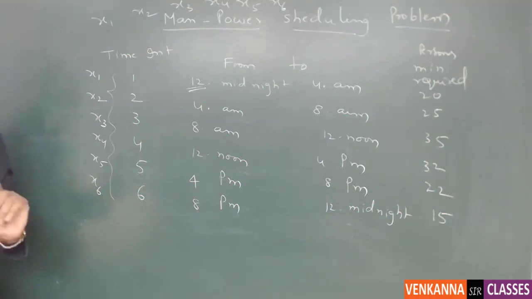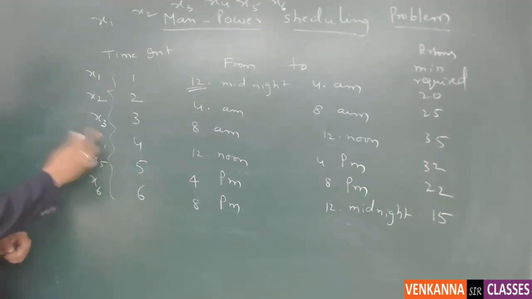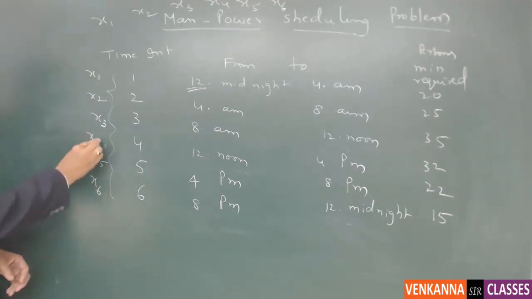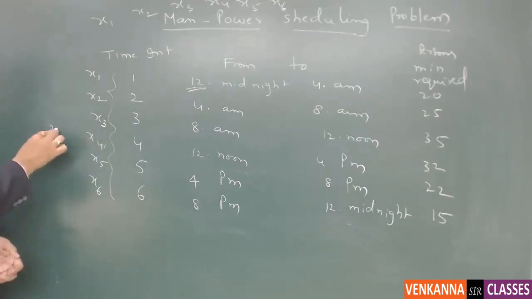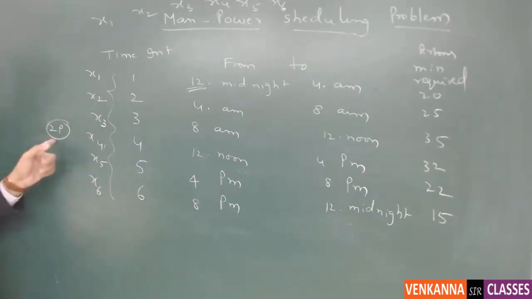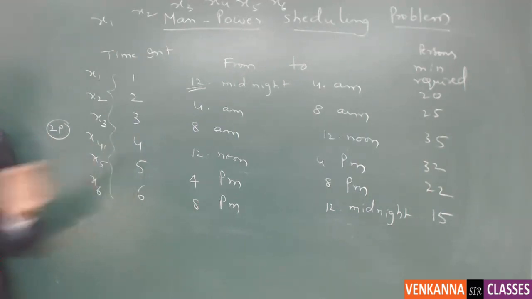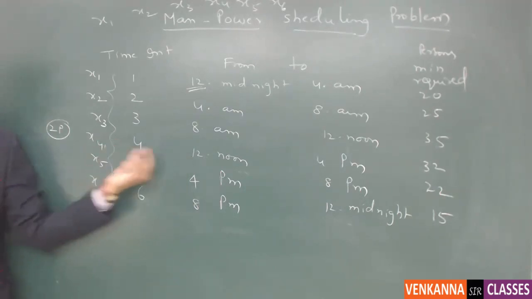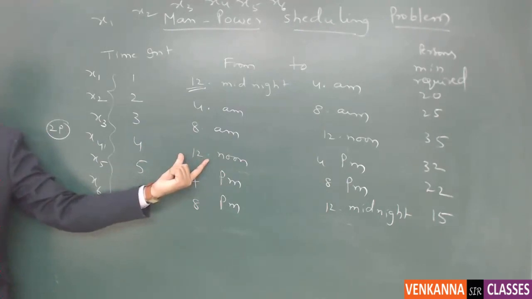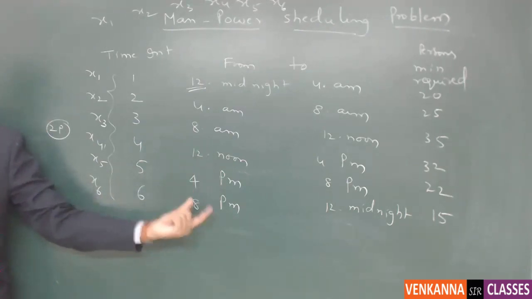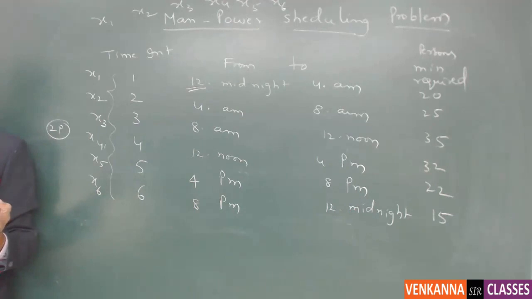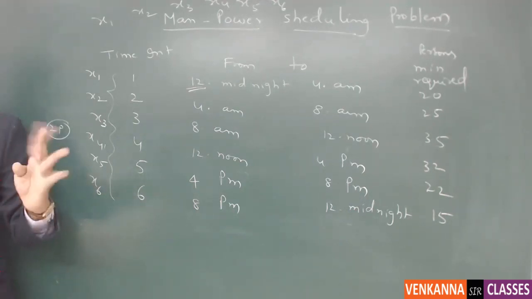Right. So let us generalize this. Suppose 2 persons report at x4, I mean at time interval 4. What does it mean? They started working at 12 noon, and they are continuously working for 8 hours, right? So they will work for two 4-hour slots.